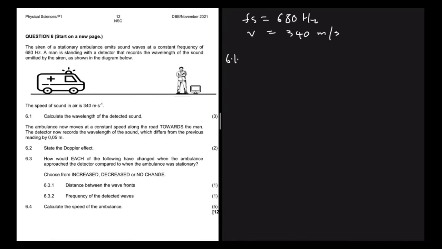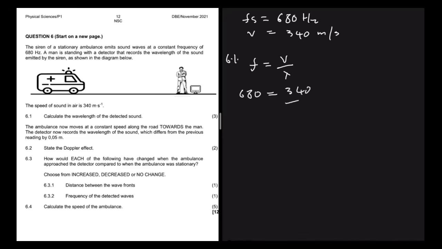This is quite an easy one because we all know that the frequency is equal to the speed in the medium divided by the wavelength, right? We are given the frequency of the emitted sound, and it's said to be 680 hertz. And then the speed of sound in air is 340 meters per second, right?